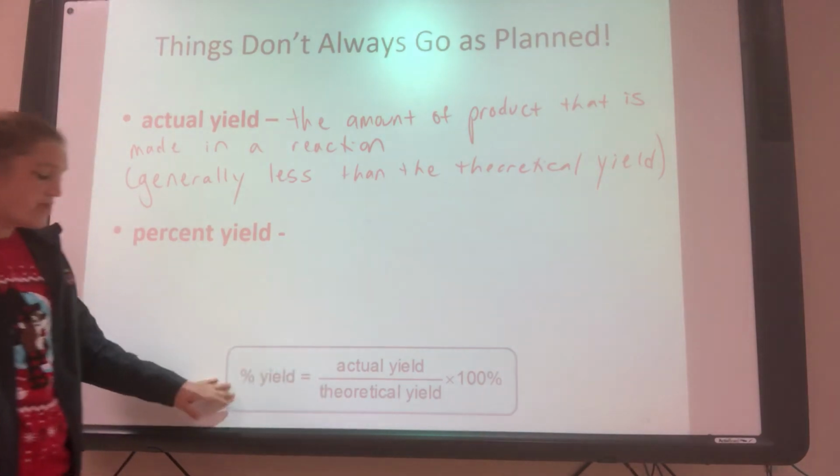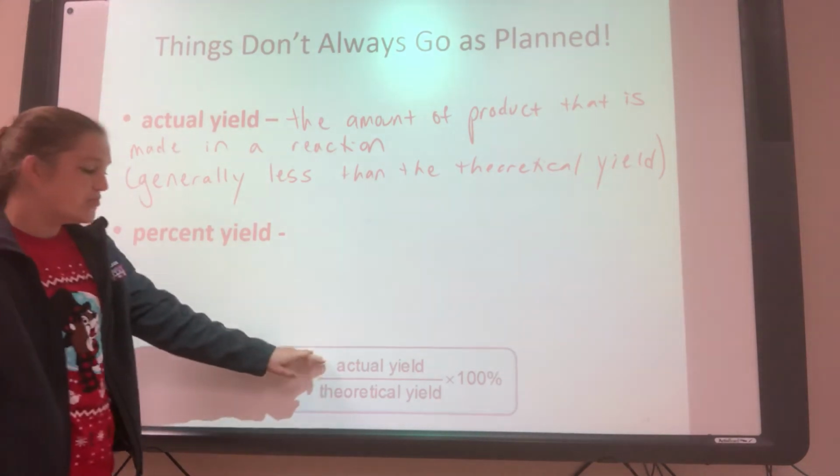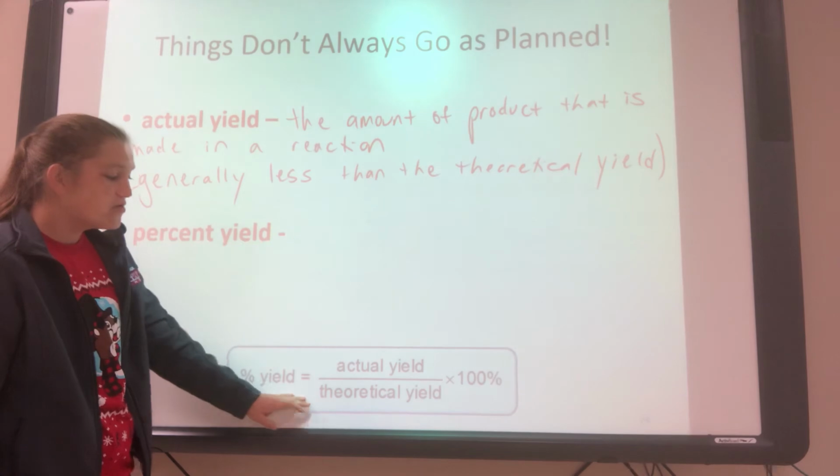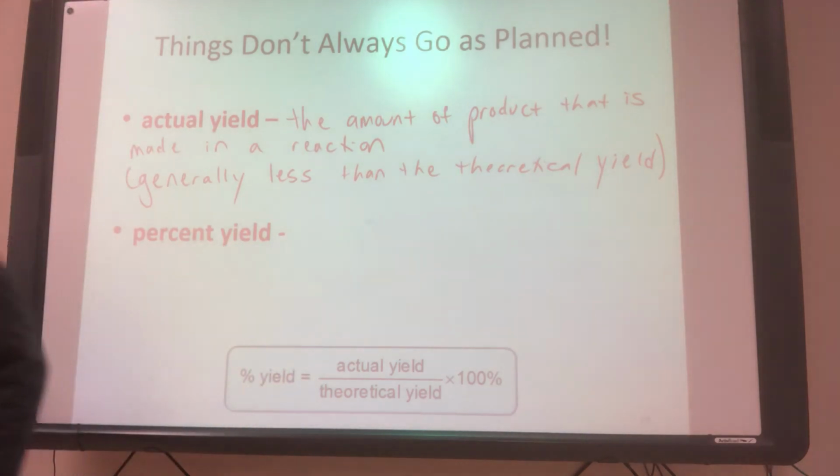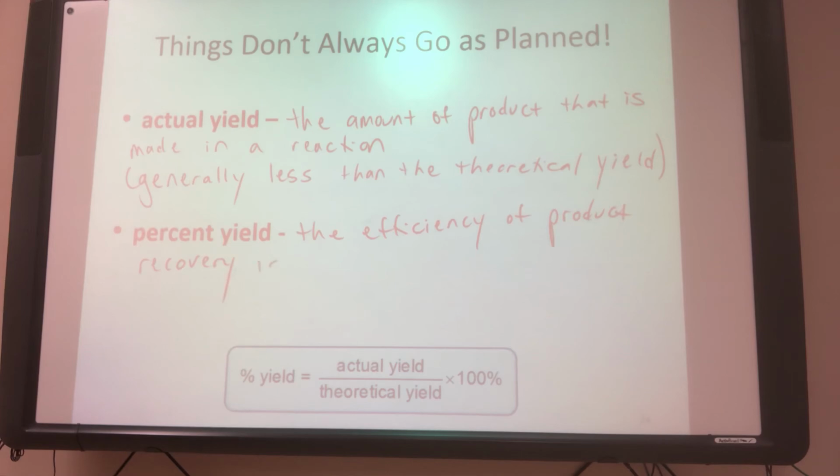This is my formula: percent yield is the actual yield divided by the theoretical yield times 100. This is the efficiency of product recovery. How good was I at obtaining what I needed? The efficiency of product recovery is generally given as your percent yield.